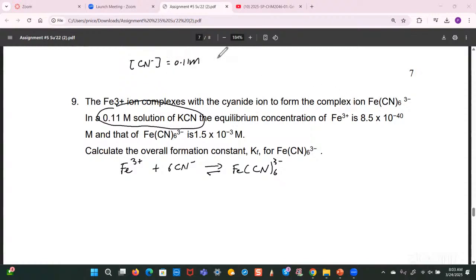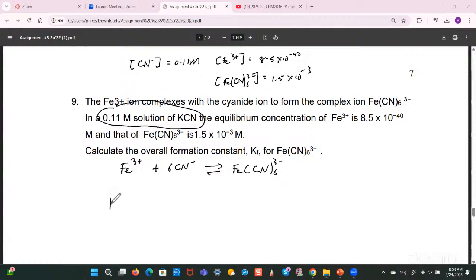The concentration of the Fe3+ is given as 8.5 times 10 to the minus 4, and the concentration of the complex Fe(CN)6 3 minus is equal to 1.5 times 10 to the minus 3.